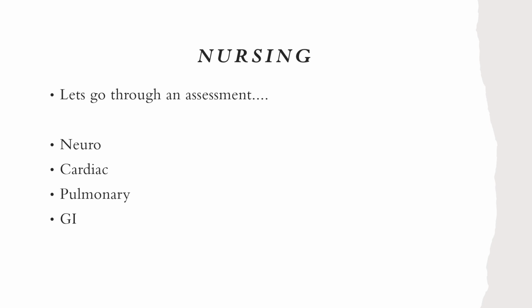Same thing with blood pressure. We'll see a little bit more hypertension in the beginning, and as we decompensate, we're going to see more hypotension. The skin may appear pale, cool, clammy. We may have some peripheral edema going on. We want to palpate our peripheral pulses as well.